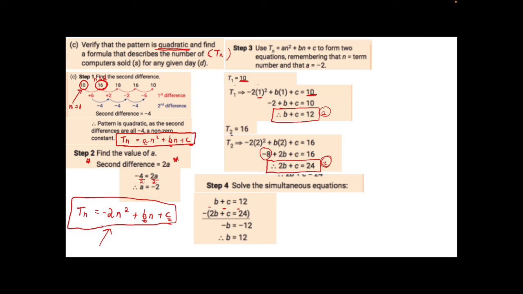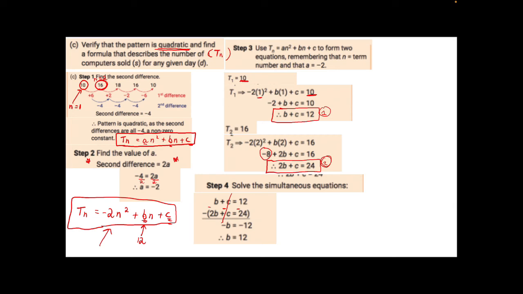Okay, and solving for what we have left, minus 2b plus b gives us minus b. Our c's cancel, and 12 minus 24 gives us minus 12. Flipping our signs, we have b is equal to 12. Okay, so I have my value of b here. b will be 12.